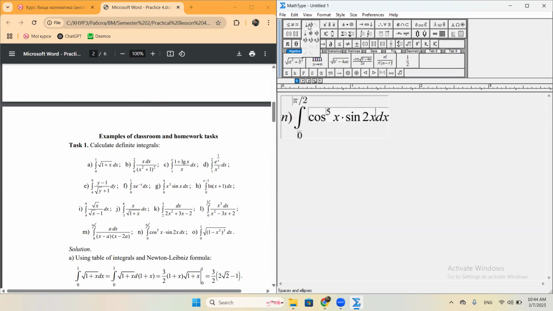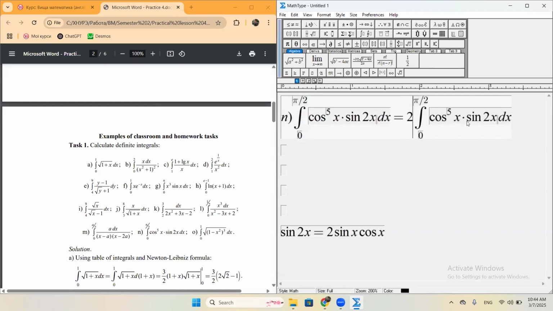So first of all, let's modify this expression. Let me remind you this formula: sine of 2x equals 2 sine of x multiplied by cosine of x. And we will use this formula. So 2 sine of x and multiplied by cosine of x.